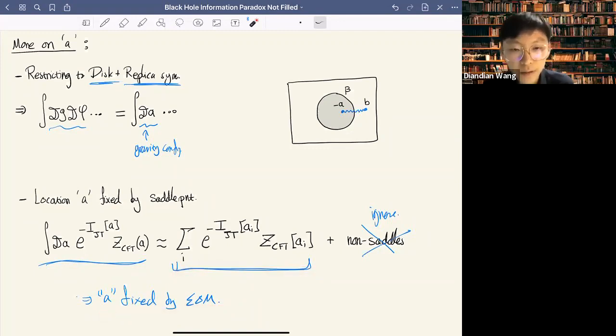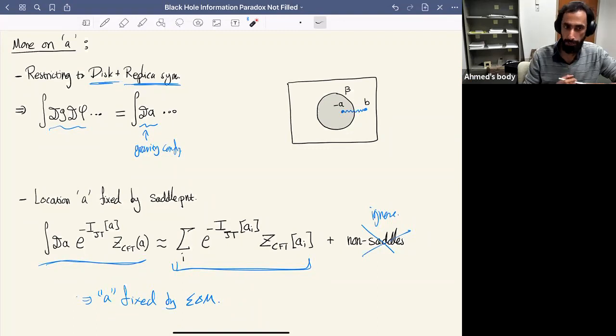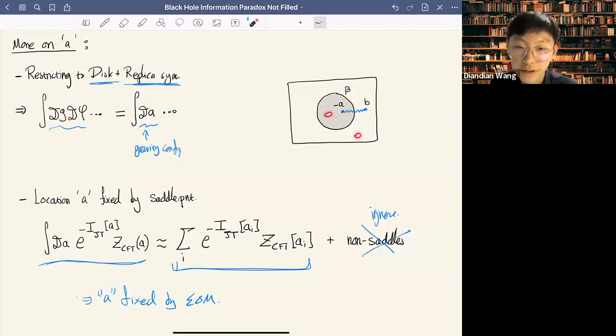Yeah, but then my question becomes, how do you know the branch cut extends all the way to A, not to somewhere else? By somewhere else, do you mean somewhere else in the bulk? Yes, we said it just extends into the bulk, but didn't say where it extends to.